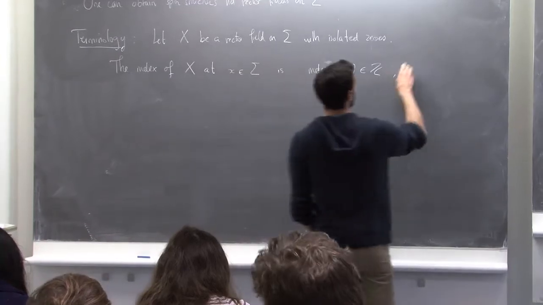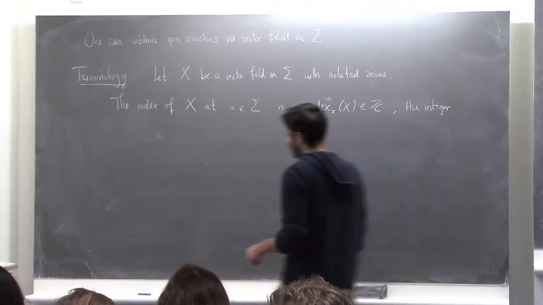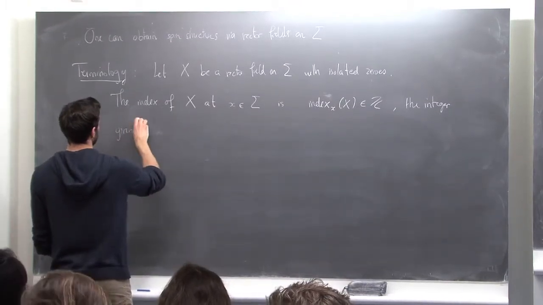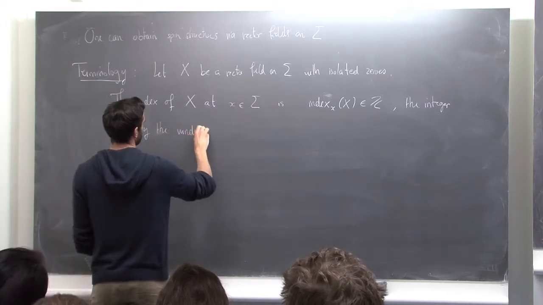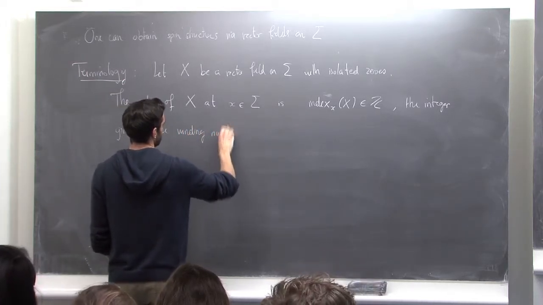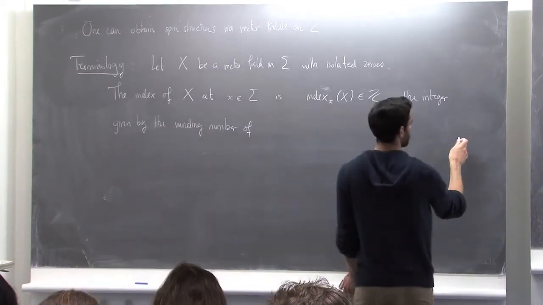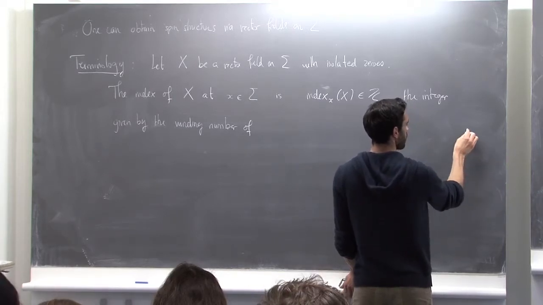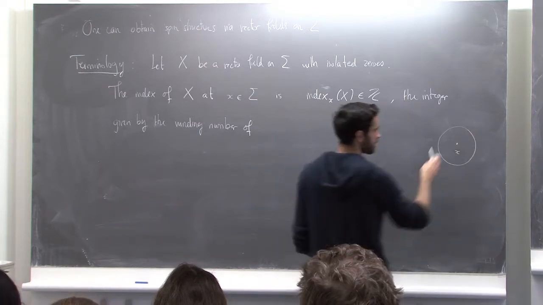The integer given by the winding number of... so let's make just a small picture. So I have x, and I look at a small disk centered at x.